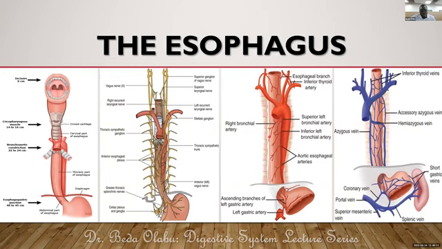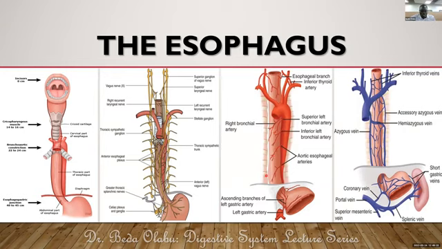The thoracic esophagus receives blood supply from the esophageal branches of the aorta, as well as the branches which go to the lung, the bronchial arteries. So bronchial arteries supply the esophagus, but also the aorta supplies the esophagus directly.